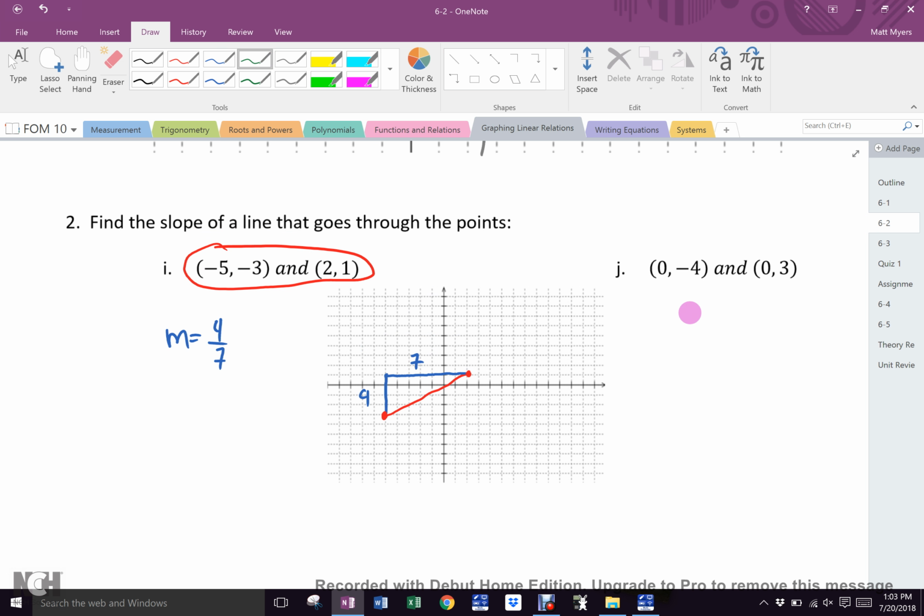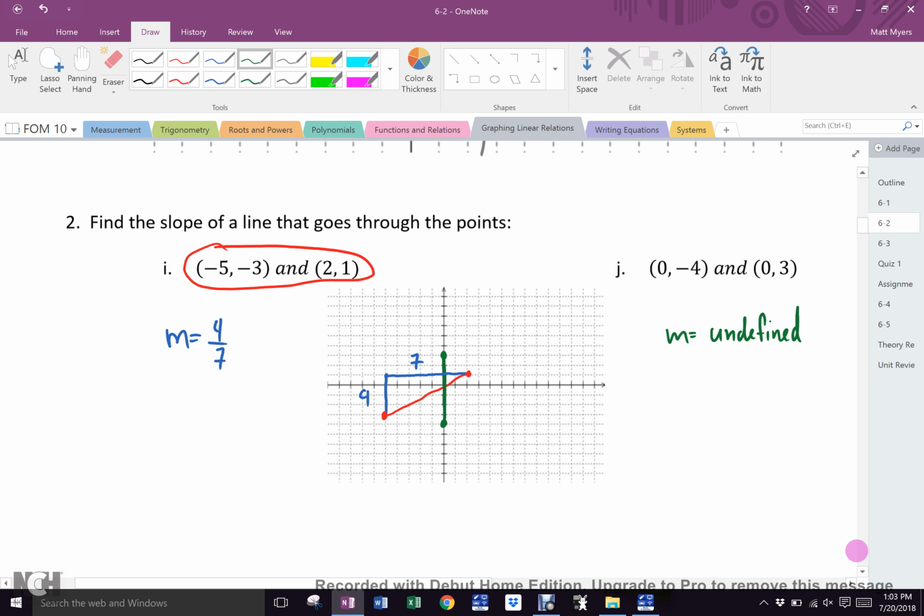Then I'm going to come over here and do a green one. 0, -4, 1, 2, 3, 4. 0, 1, 2, 3. Straight up and down. So since it is straight up and down, its m is undefined.